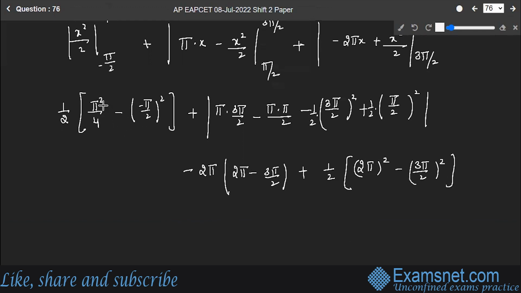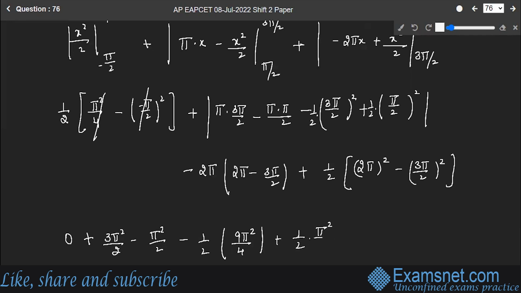Now let's open it. When you open this, the terms will cancel and you will have 0 plus. So this will be 3 pi square by 2 minus pi square by 2, minus 1 by 2, 9 pi square by 4, plus 1 by 2 into pi square by 4.